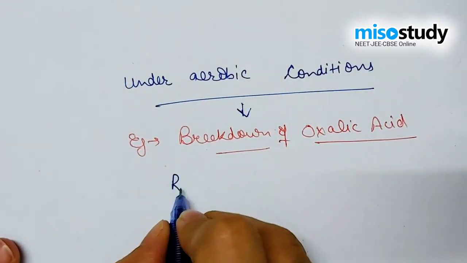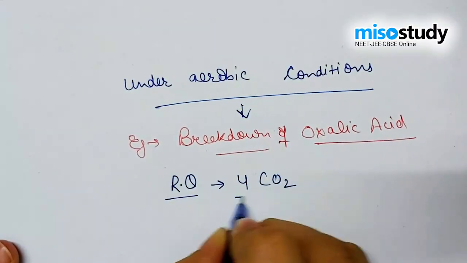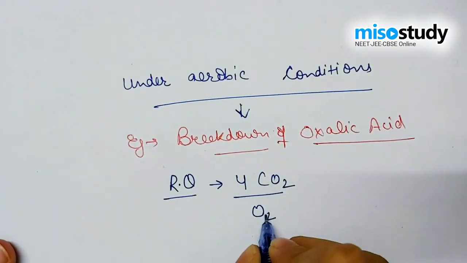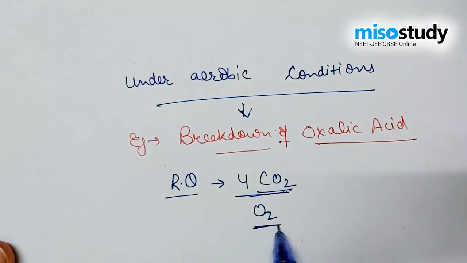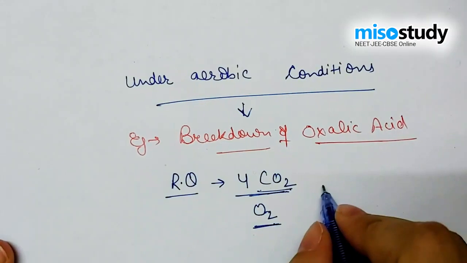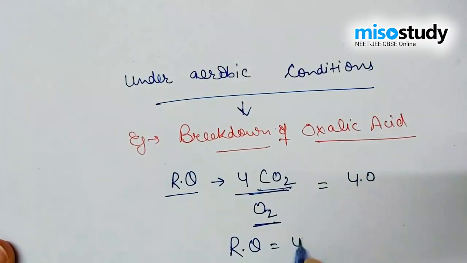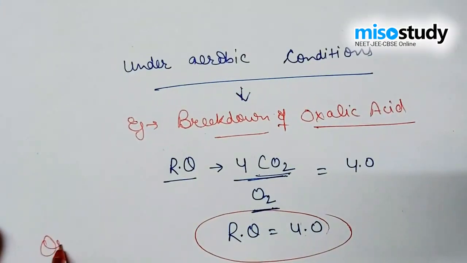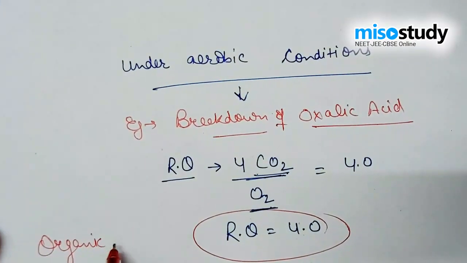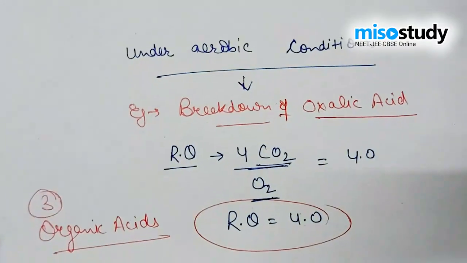It is also written as: when 4 carbon dioxide molecules are evolved and 1 molecule of oxygen is consumed, the respiratory quotient value is equal to 4. That is in the case of organic acids. This is the third case.